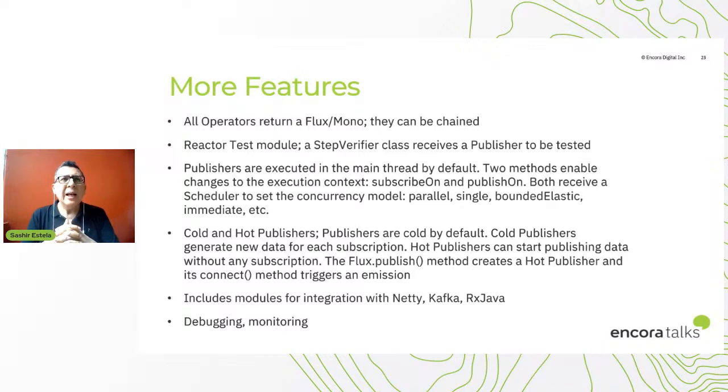Project Reactor allows us to handle cold publishers. Cold publishers generate new data for each subscription, but a hot publisher can start publishing data without any subscription. So when a subscriber subscribes to a hot publisher, the subscriber can only receive data from the moment that it was created. Okay.